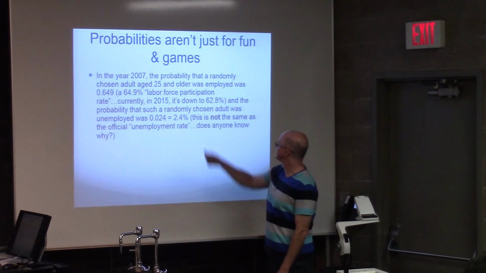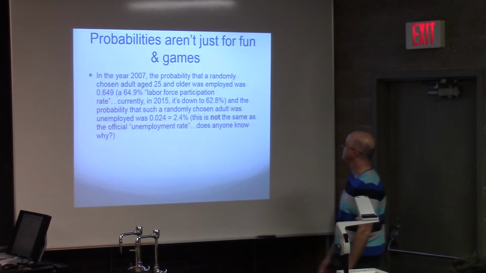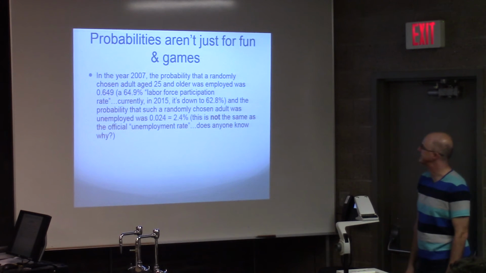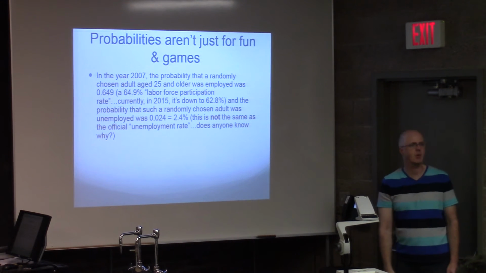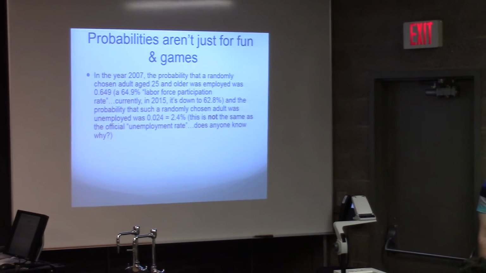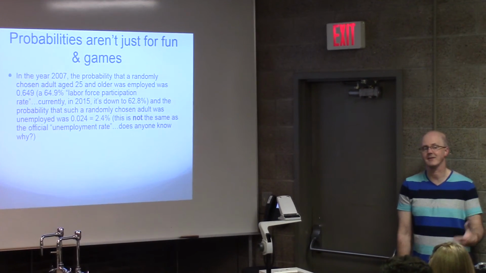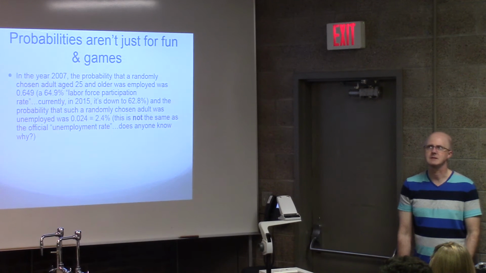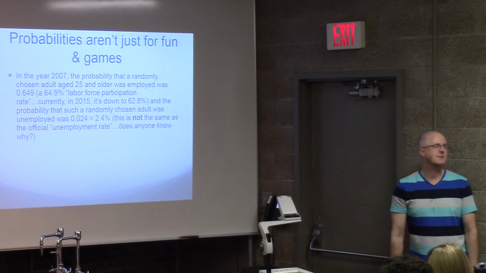And the probability that such a randomly chosen adult was unemployed was 2.4%. That's not the same as the official unemployment rate. Does anybody happen to know why? Have a guess? The official unemployment rate was higher than that. I think it was in the ballpark of 4 or 5%. You're saying that it's just adults and not like 18?